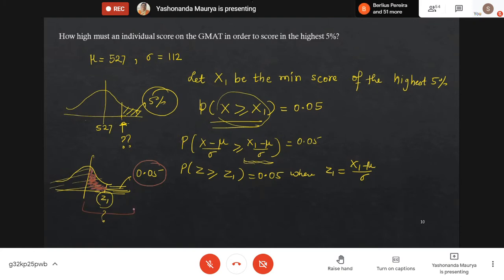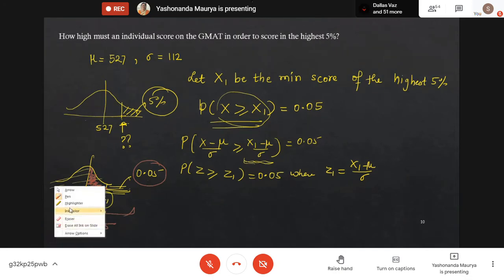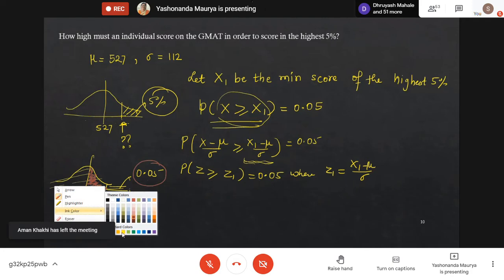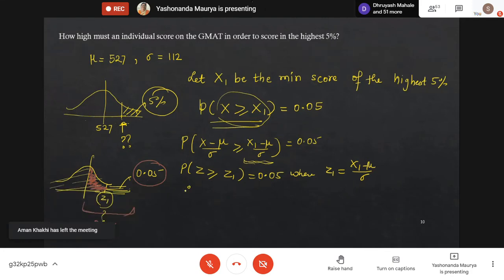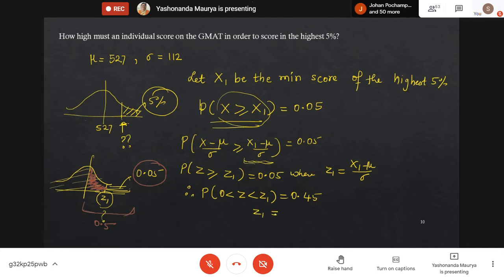This total is 0.5. This area is 0.05. So what should be this area? This area will be 0.45. Therefore, the area between 0 and z1 is 0.45. Could you get this? Okay, now if we have understood this one, we can look into the table and identify what is z1.